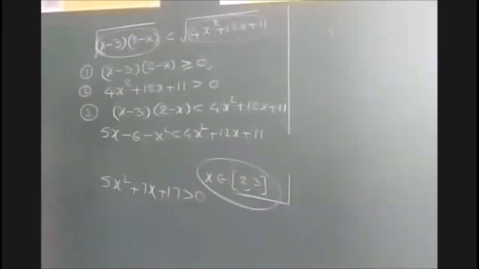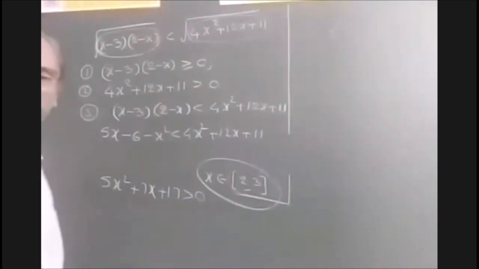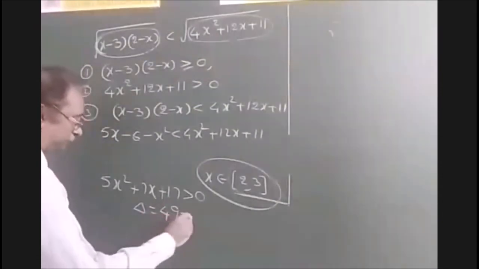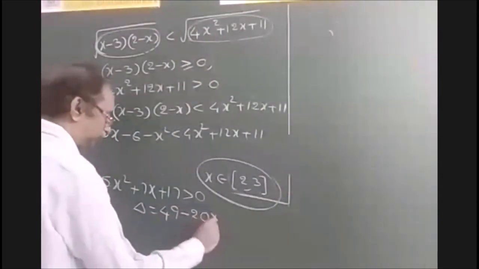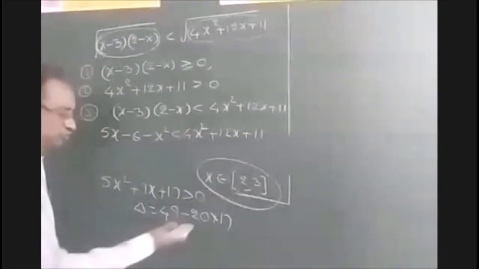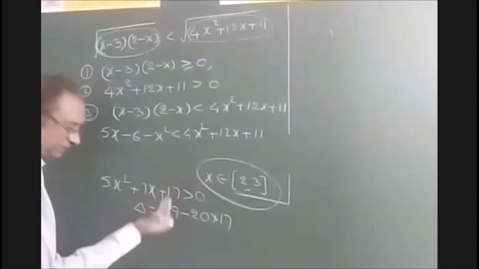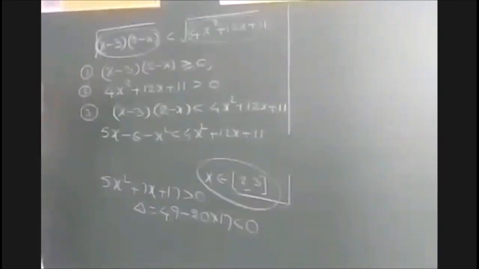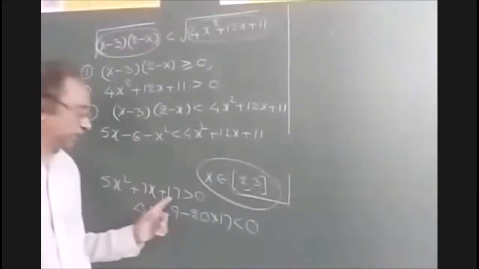And again another difficult quadratic inequality. First let us verify whether this quadratic equation has real roots or imaginary roots. So find the discriminant: b square minus 4 into 5 into 17. No need to simplify that. Clearly this is less than 0, that means it has no real roots.